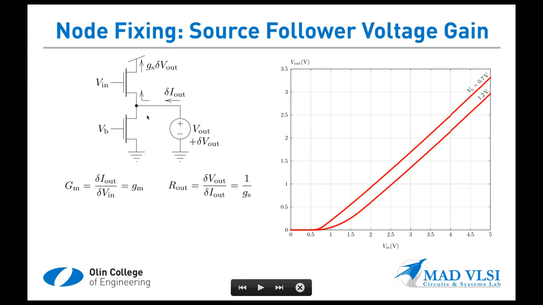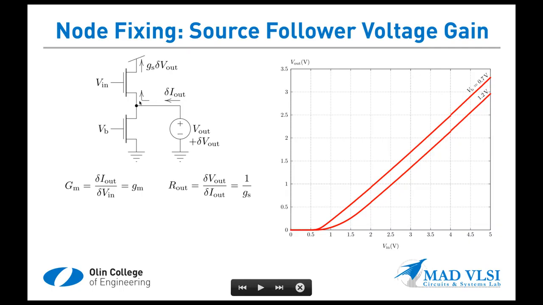If we are neglecting the Early effect in this saturated bias transistor, then this is an infinite incremental output resistance. It's like a current source. And that appears in parallel with the incremental source conductance of our source follower transistor. And so if we put an open circuit in parallel with anything, it's just the thing that we're putting it in parallel with.